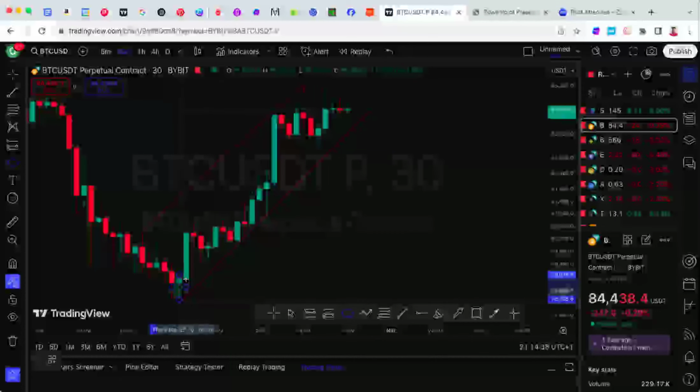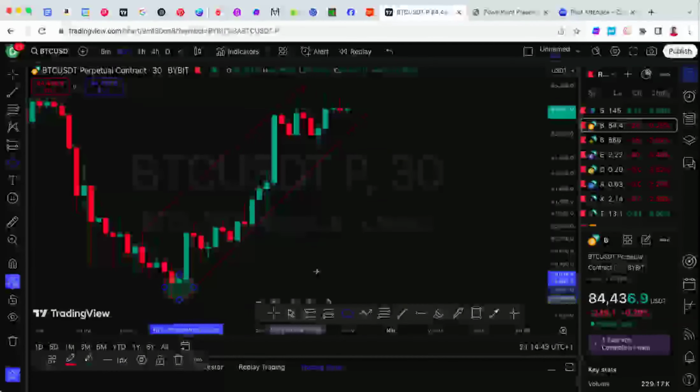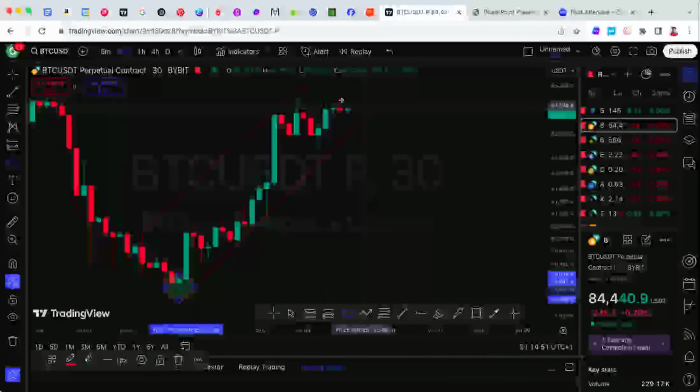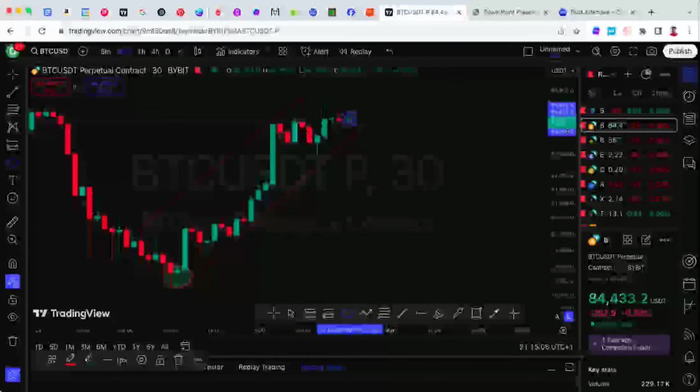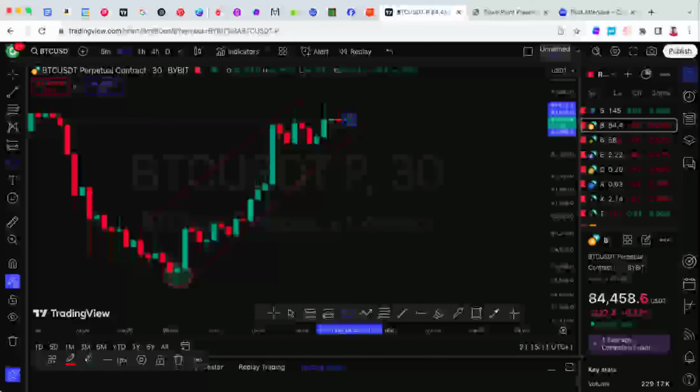So if you had bought from this area at the price of around 78,000, and then you sold here at around 80 something thousand, which is around the current price now, 84,433. So you are looking forward to buy from here.